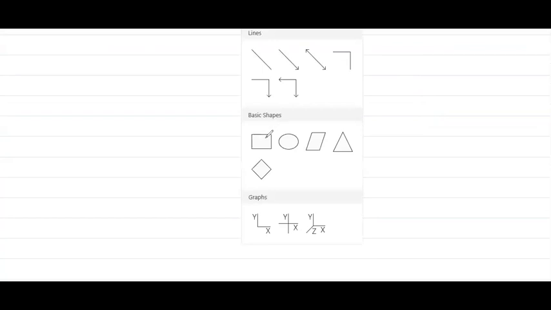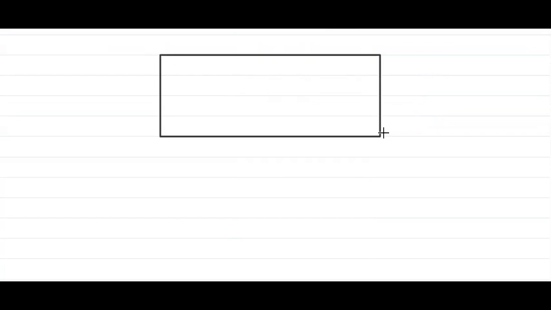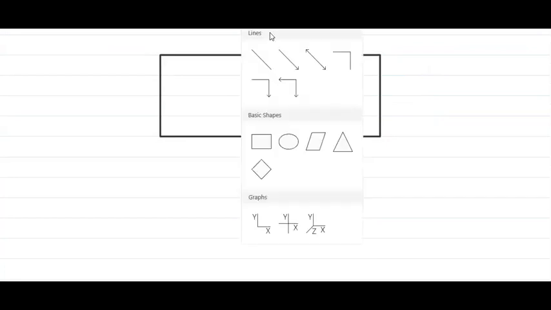Okay, suppose I'm having this PN junction, a PN junction like this. Here I'm having this line.